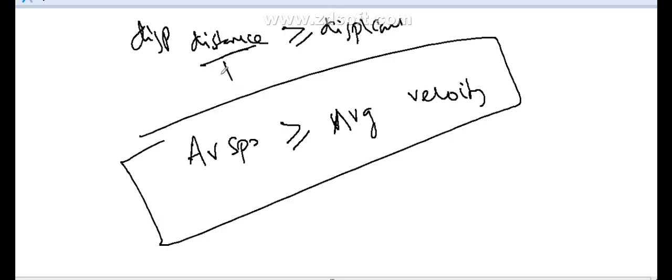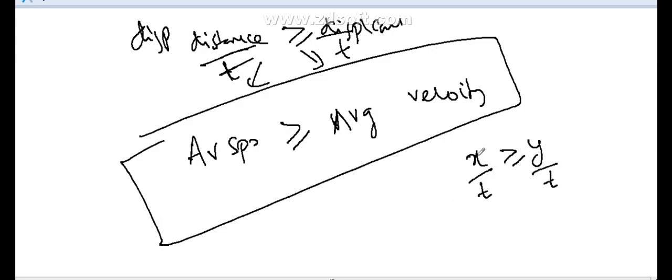Your distance can be the same as displacement. You just divide by time. You have an equation: x is greater than or equal to y. If I divide both sides by t, the inequality remains the same. That's all.